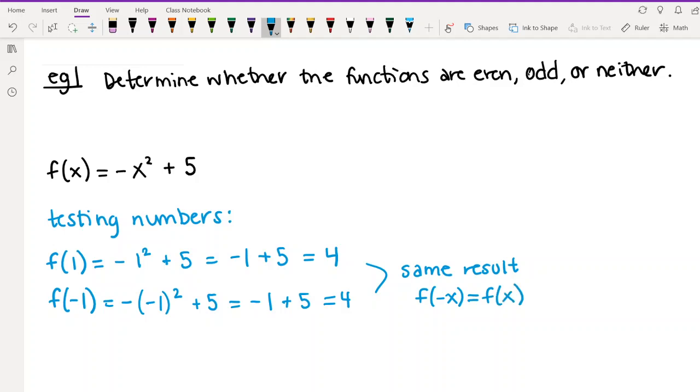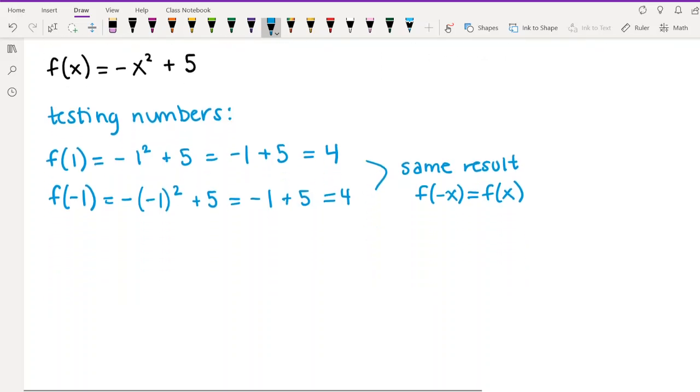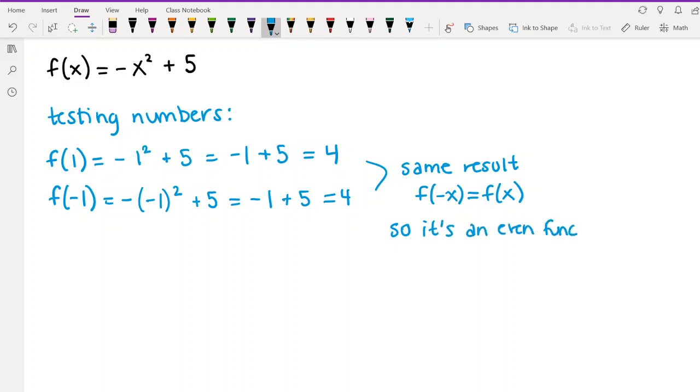And so this doesn't absolutely prove that this is an even function. In order to prove that it was an even function, we would need to test every single x value out there. But this is at least some evidence in support of the fact that it's an even function. So I'm going to write down it's an even function. Again, it's not a super important distinction, but logically we're not proving it's an even function.